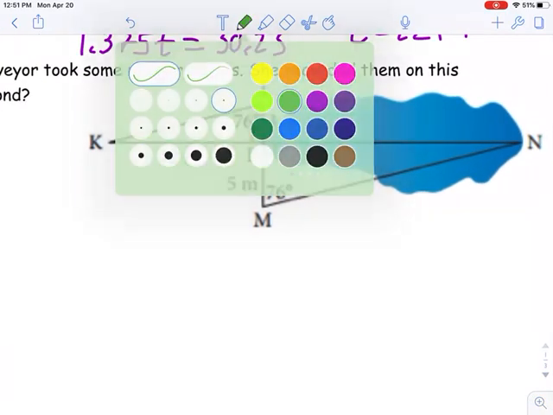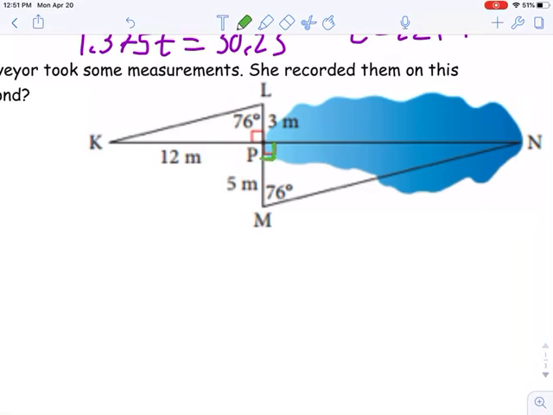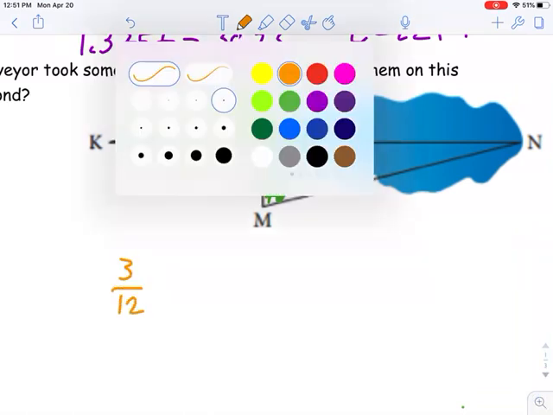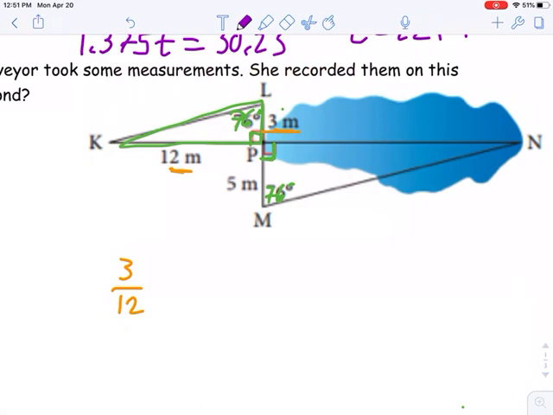All right, so realize we know these two triangles have to be similar by angle. They both have a 90-degree angle and a 76-degree angle. All right, now we can say, well, let's just look at this top triangle. We have 3 and 12, so I'm going to say 3 over 12. I'm going to match up those corresponding parts.